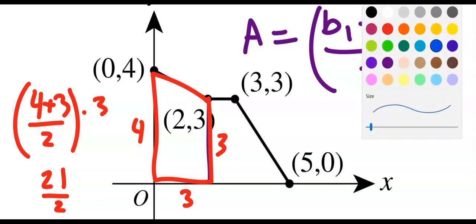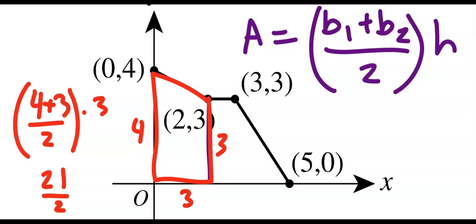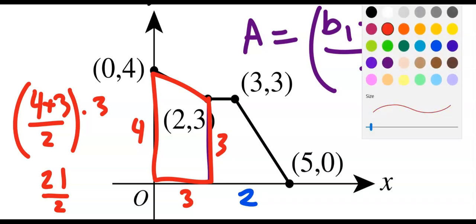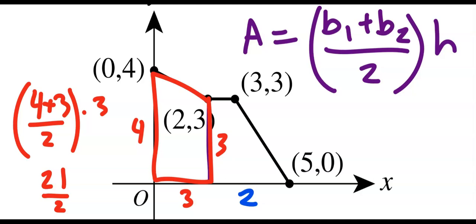Then with the other one, I've got a base of 2 and a base of... Now, wait a sec. Did I miss something here? I did, didn't I? What's my mistake? I'll show you my mistake. I'll erase it down there at the bottom. That's my mistake. What is that distance at the bottom that I incorrectly labeled 3?